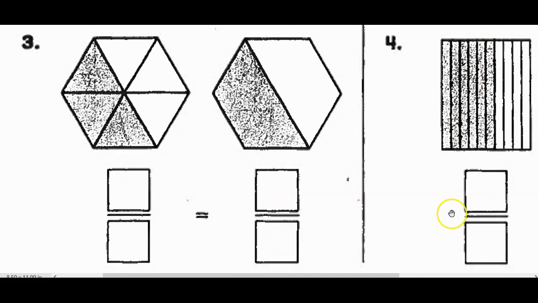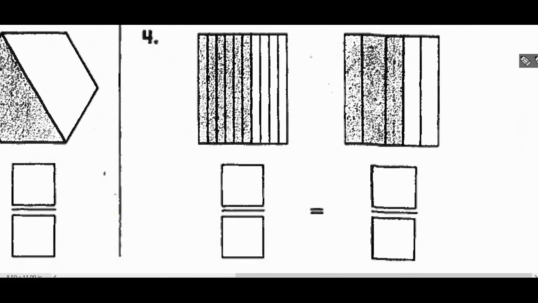Let's keep going. Number 4. How many are shaded in? There's 6 shaded in out of 10. Correct. Okay. Here, how many are shaded in? 3 out of 5. There's 1, 2, 3, 4, 5.